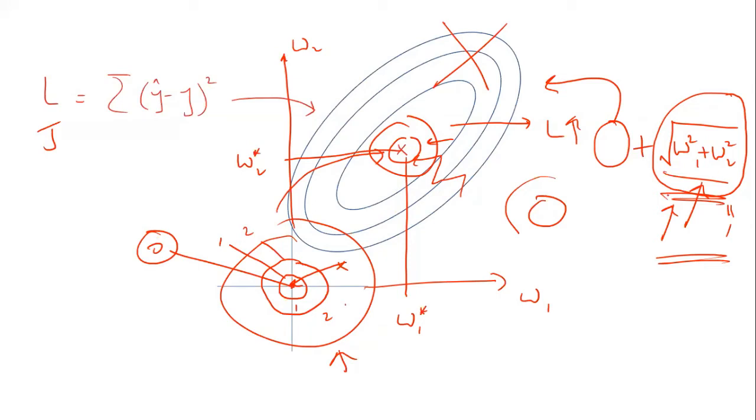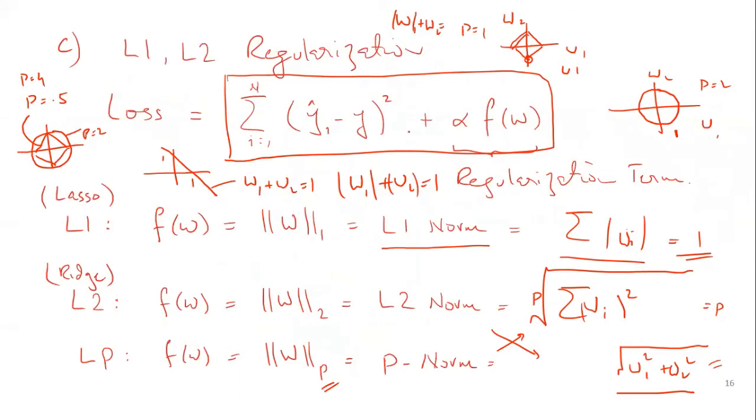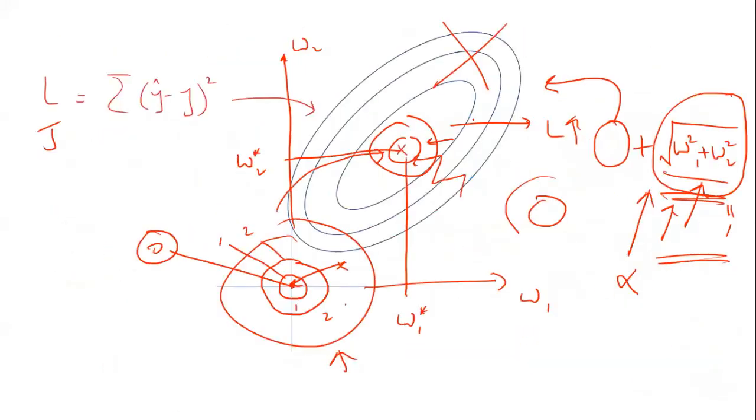And the combination is weighted by the value of alpha over here. If you remember what I'd written over here, there was a value which was a constant, which was given, which was multiplied by the second part of the loss equation. So now when you're combining these two, where do you think the optimal solution will be?